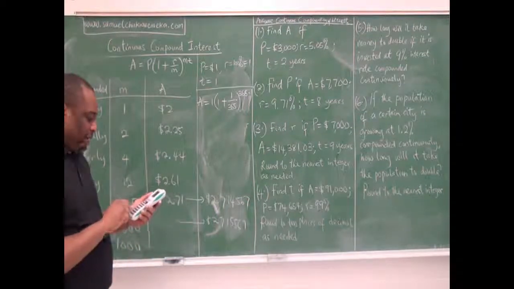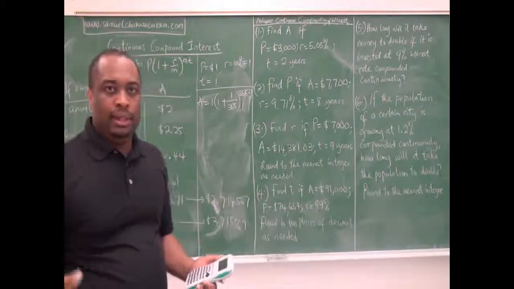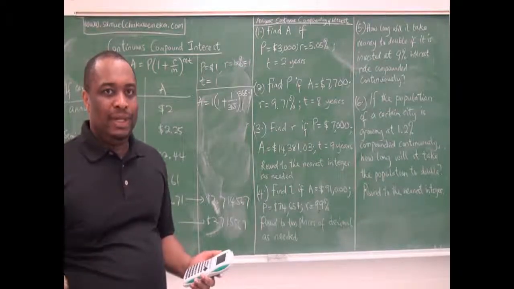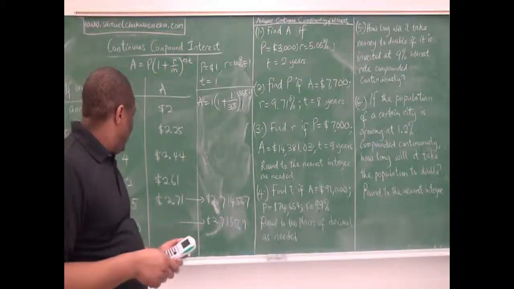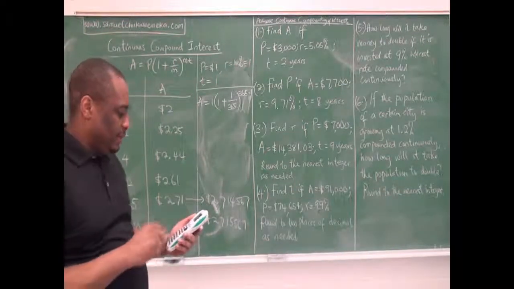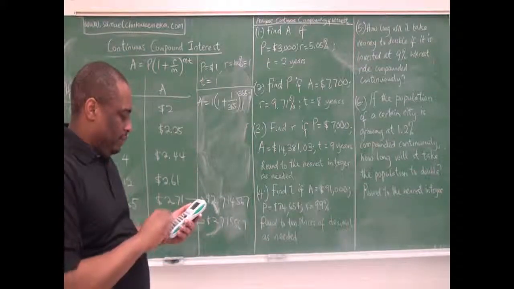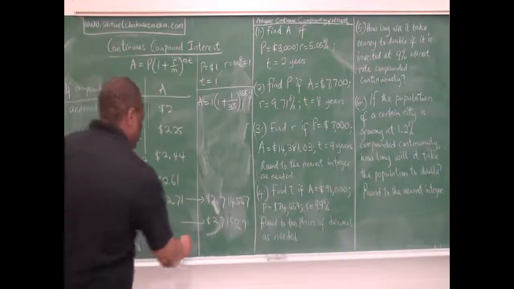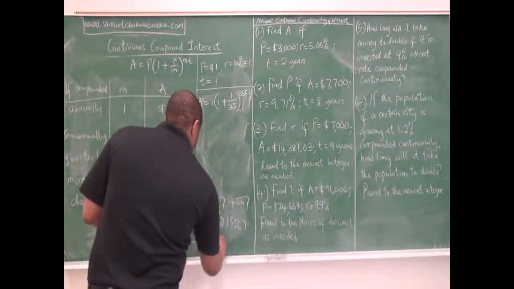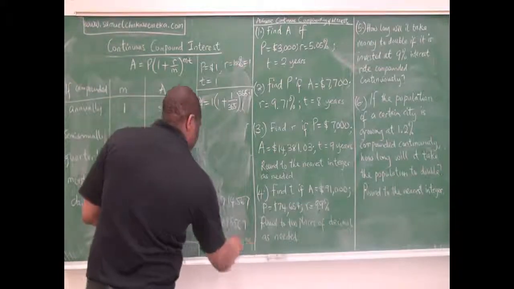If we do 1,000, it will be 1 divided by 1,000. If we compound it 1,000 times in a year, then this will be 1 divided by 1,000, plus 1, then raised to the power 1,000. It will be 2.716924.